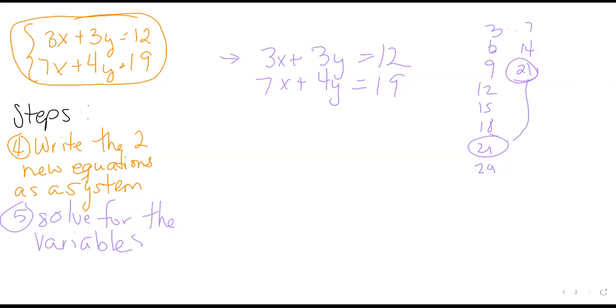Okay, so that means I need to multiply both of these equations so that one x becomes positive 21 and the other becomes negative 21. That way I can get 0. So what do I need to multiply this first equation by to get 21 for that 3x? 7, right?